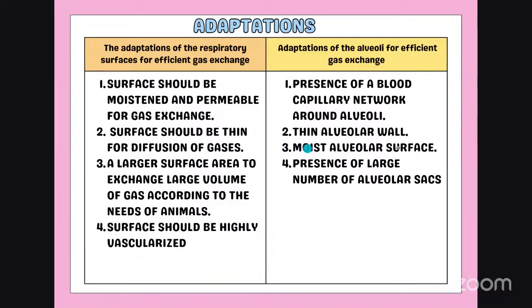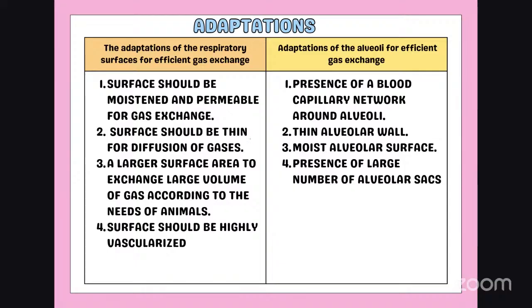There is a thin film of liquid where the gas is going to get dissolved. Then the second point, the surface should be thin for diffusion of gases. Diffusion is going to happen across thin surface areas.